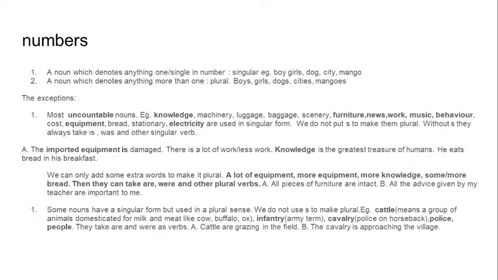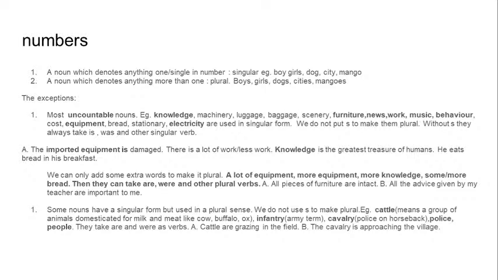But when we denote more than one, we say that is plural. Boys, girls, dogs, cities, mangoes, more than one, as you can understand. It might seem, why am I talking so much about numbers, because these are easy for you to change, and I hope you already know the rules. Like adding s to various words.